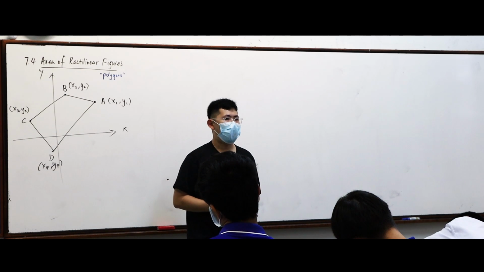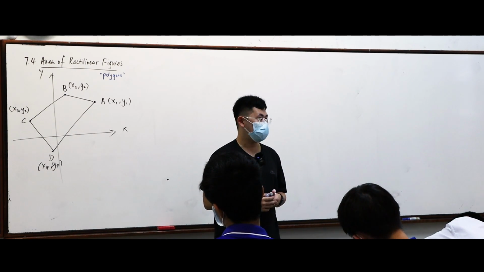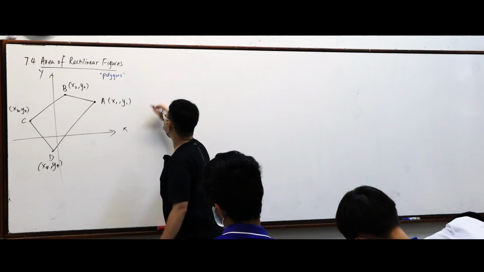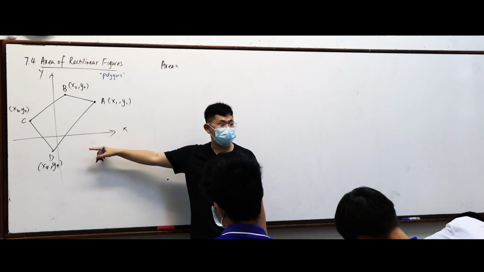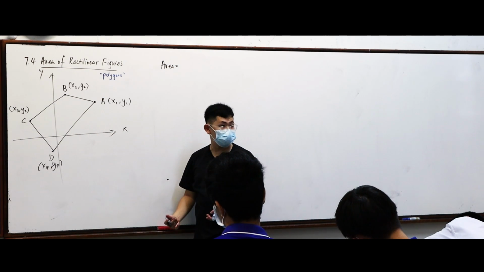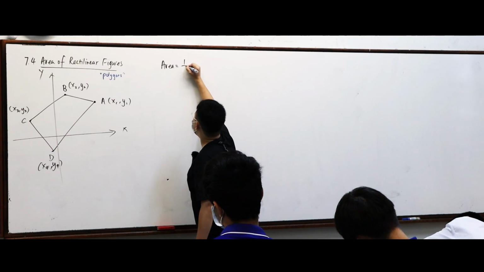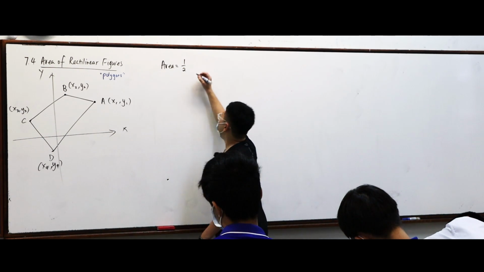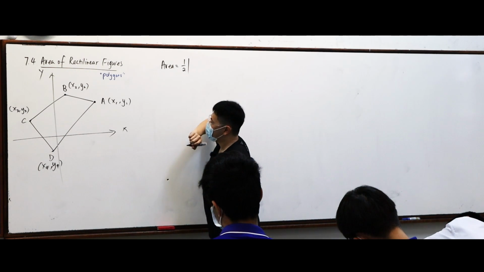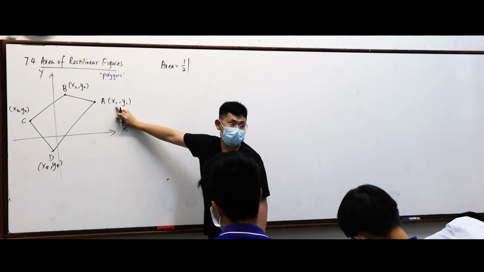Now, how do we find the area of this thing? The formula for the area of this quadrilateral, or whichever shape in general, would be half times whatever that is. So half, and we're going to start off with this point first.